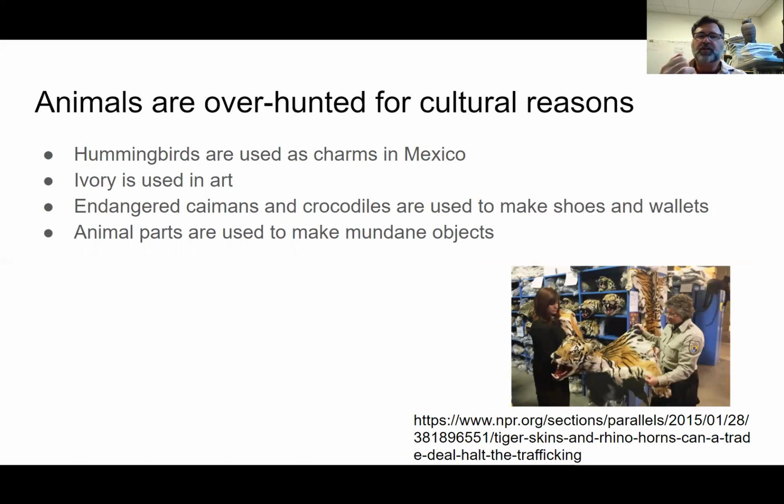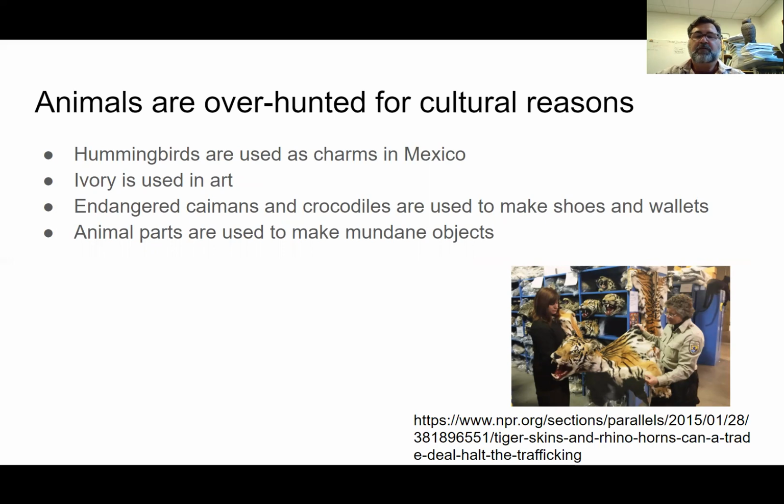Elephant and walrus ivory. You can carve it. It's called scrimshaw and can become artwork. You have many endangered caimans and crocodiles, and those are made into shoes and wallets.